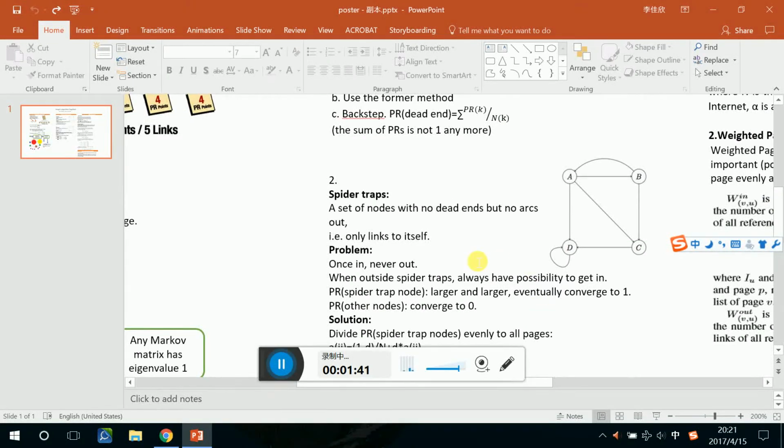The second situation is called spider traps, which means a set of nodes with no dead ends but no arcs out, so it only links to itself. It is different from dead ends, for the corresponding row of a dead end is full of 0, while that of spider trap node i is full of 0 except Aii equals 1.